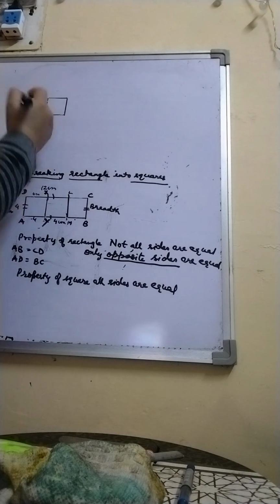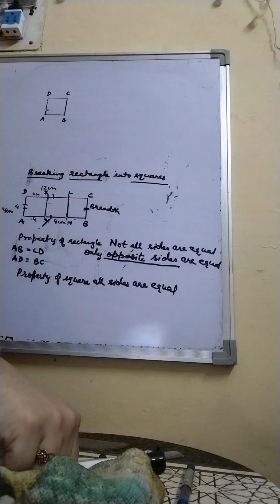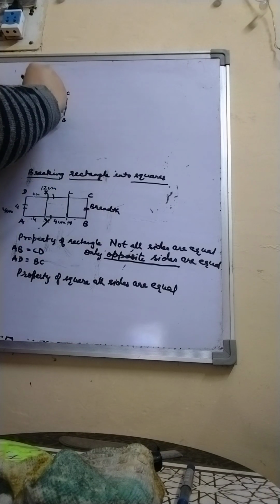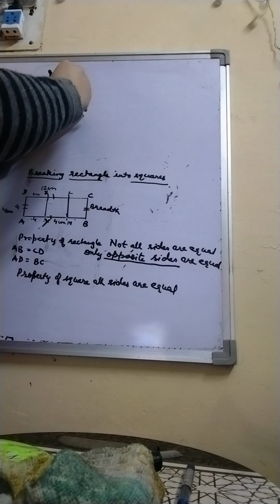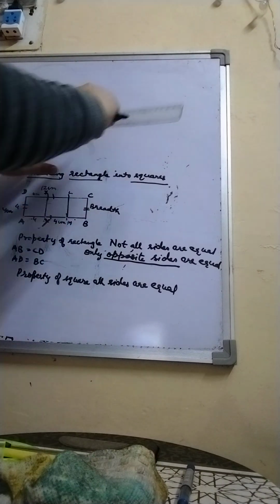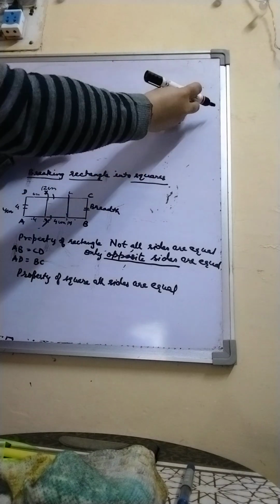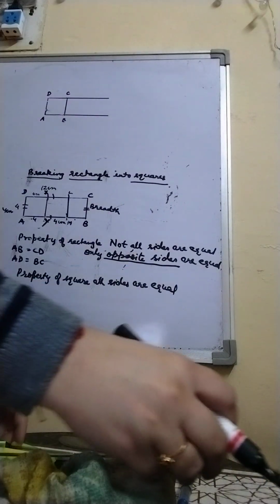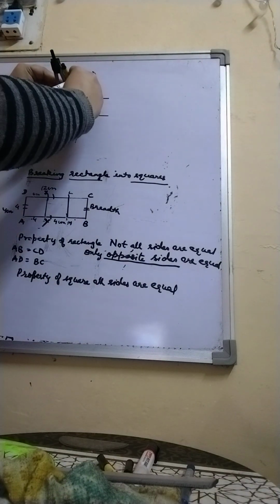You would do the same, do the naming A, B, C, D, then AB, you open the compass till AB and draw the arc. We extend the lines AB like this in this direction, CD like this, and then draw the arc equal to 4 centimeter.